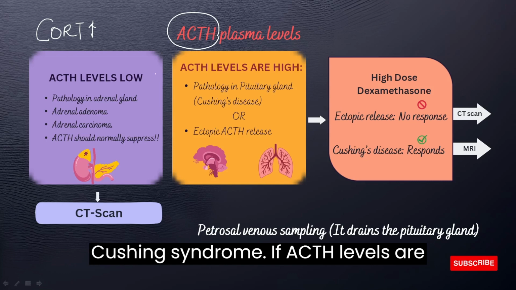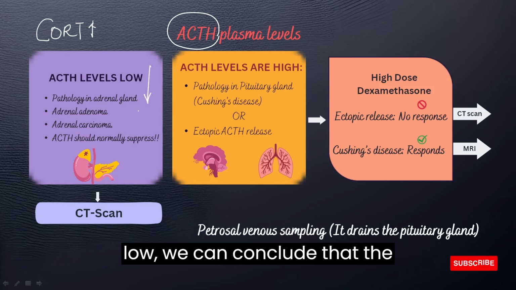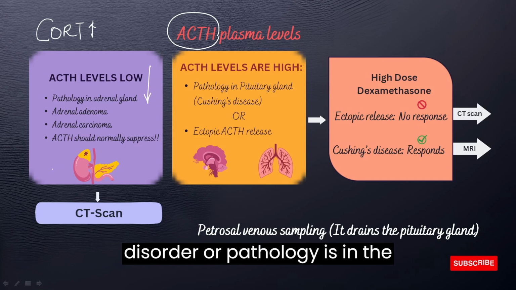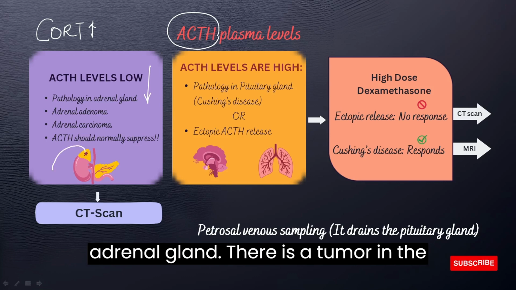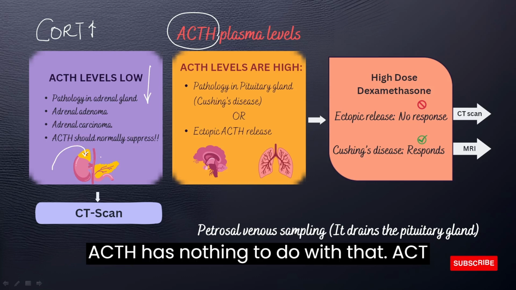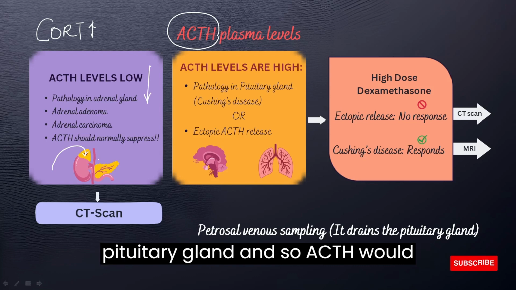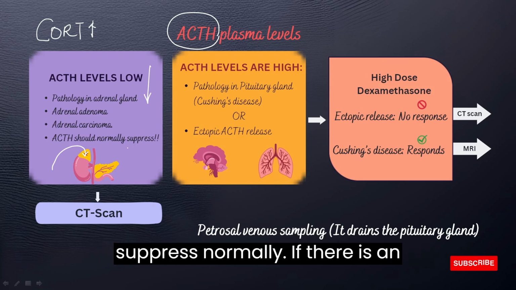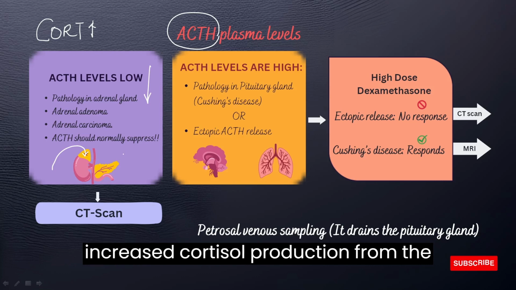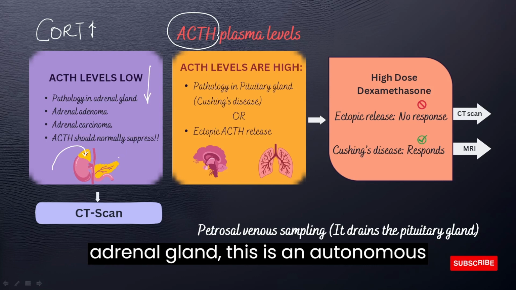If ACTH levels are low, we can conclude that the disorder or pathology is in the adrenal gland. There is a tumor in the adrenal gland that is making cortisol. ACTH has nothing to do with that. ACTH production is still normal from the pituitary gland, and so ACTH will suppress normally if there is an increased cortisol production from the adrenal gland.